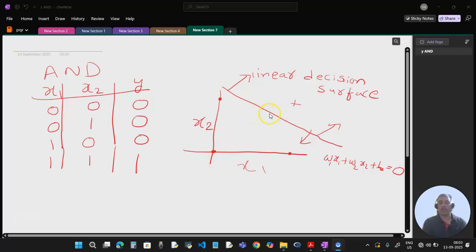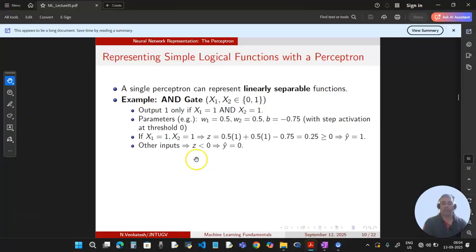All the points that are above that line belong to one class and all the points below that line belong to another class. So that means we can choose W values, W1, W2, and B values such that we get this line. That's what we have shown in this example.